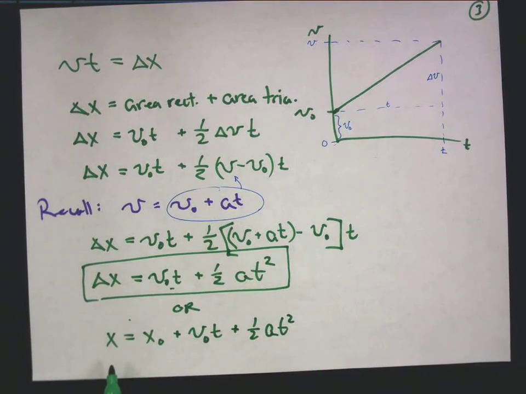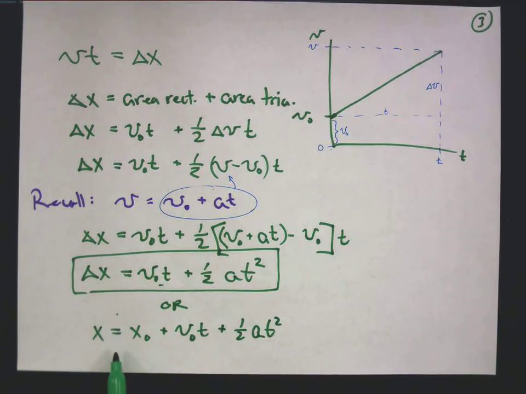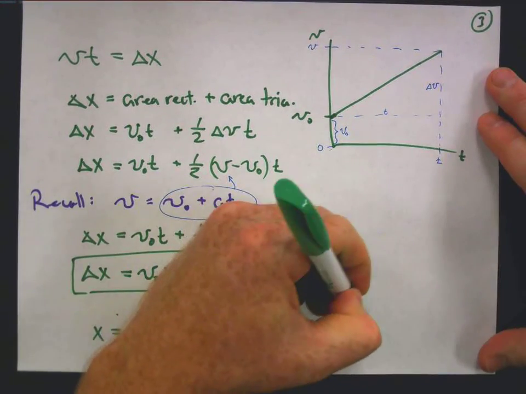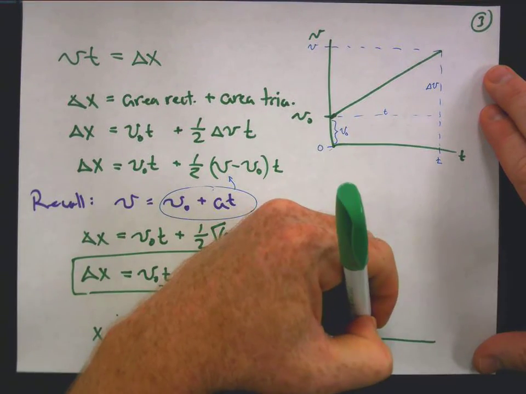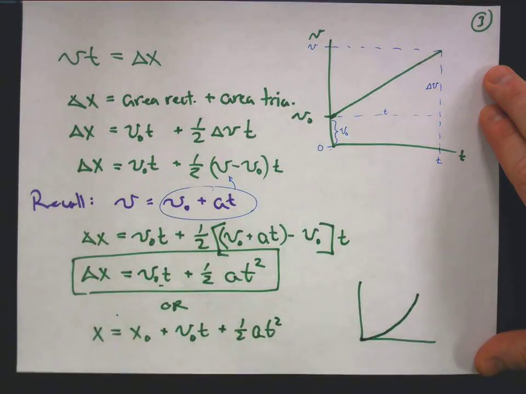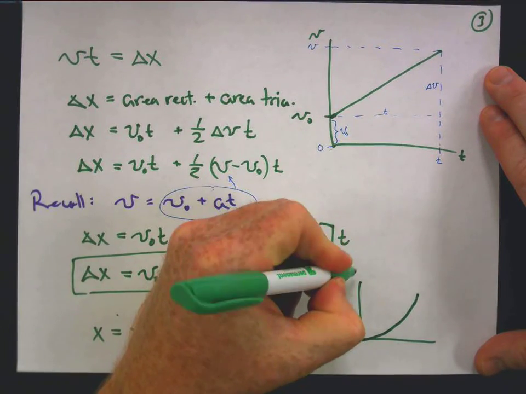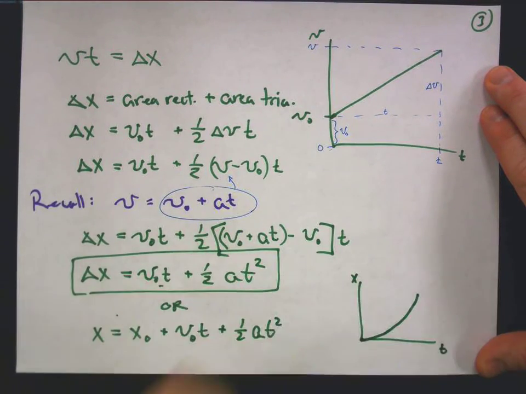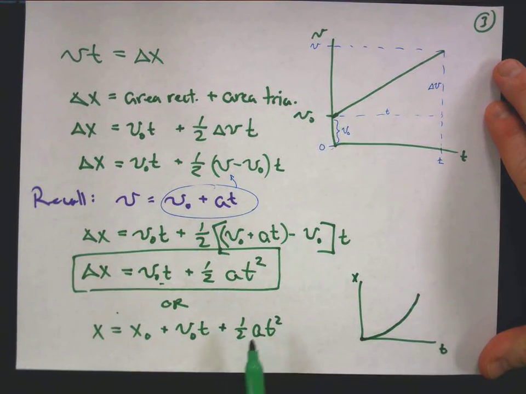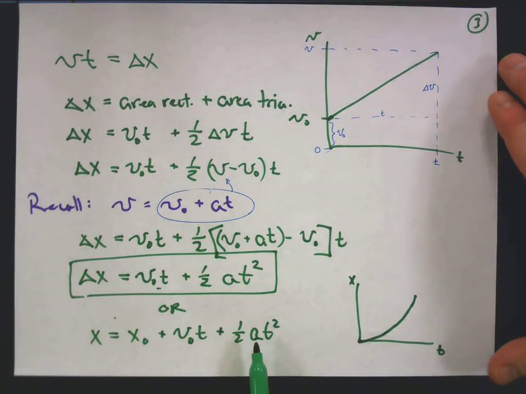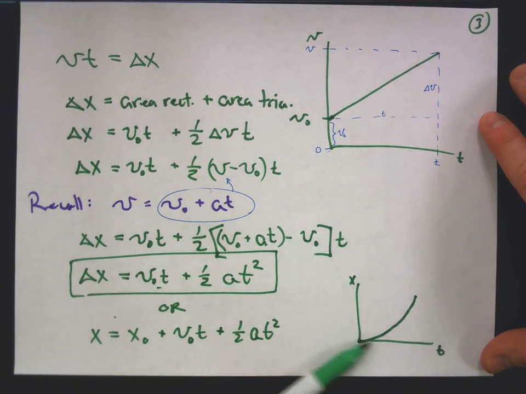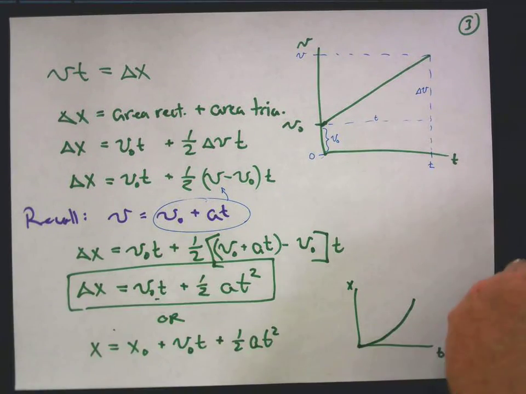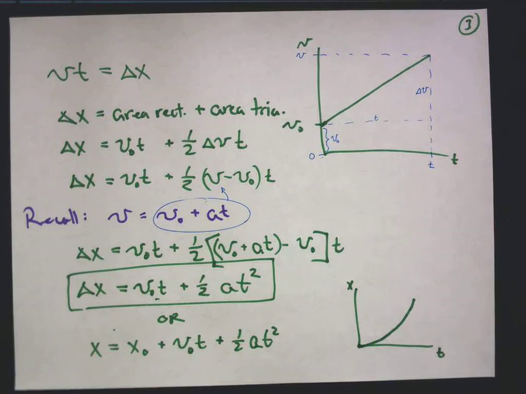Now, if you're dealing with positions, you're looking at a position time graph quite often. And what you'll notice, a position time graph where something is accelerating is curvy, right? So position x versus t. If the object is speeding up and the acceleration is positive here, then we get this curve open upward, and it would be the opposite if it were slowing down.